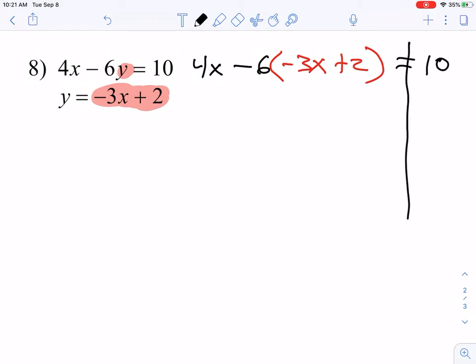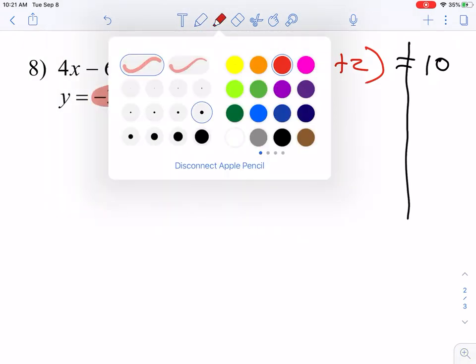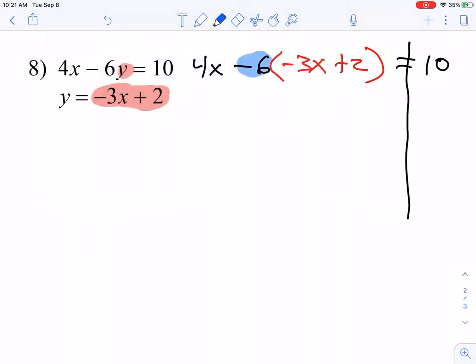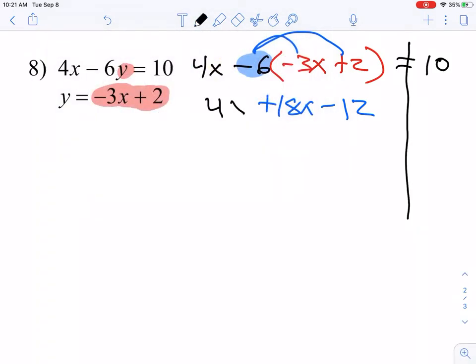Okay, so now we distribute, not purple, I'll use blue. So I'm taking negative 6 times negative 3x to get positive 18x, negative 6 times 2 to get negative 12. 4x didn't change, and that still equals 10.